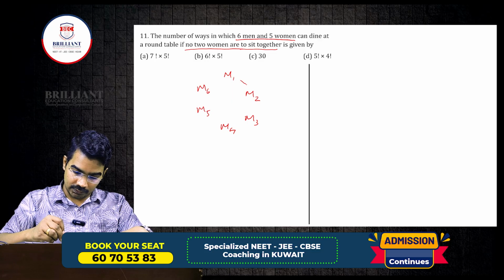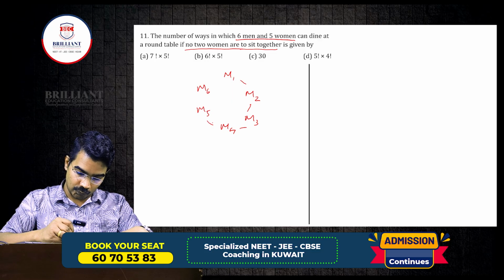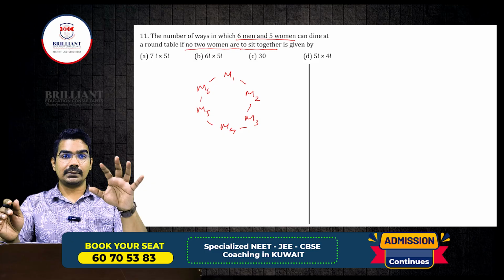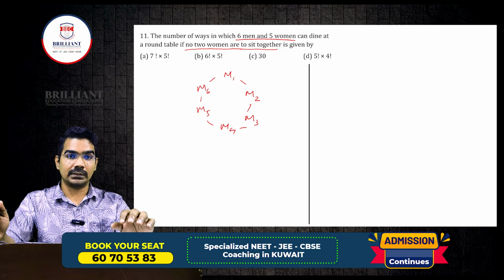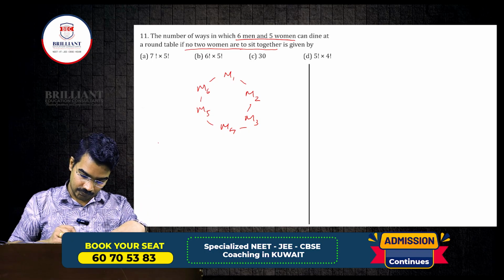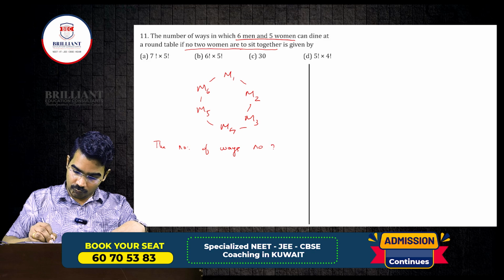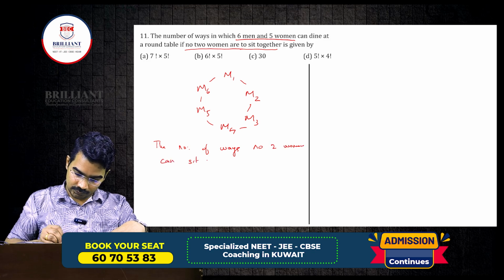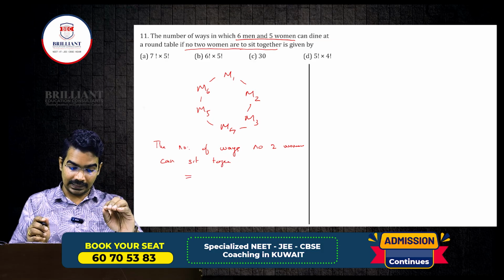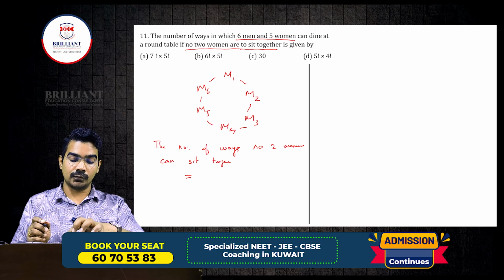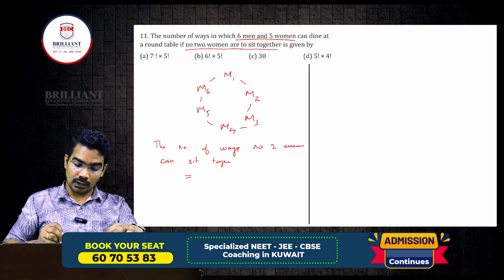There are 6 slots in which 5 women can sit. So the number of ways no two women can sit together is equal to, first we have to select 5 slots from these 6 available.